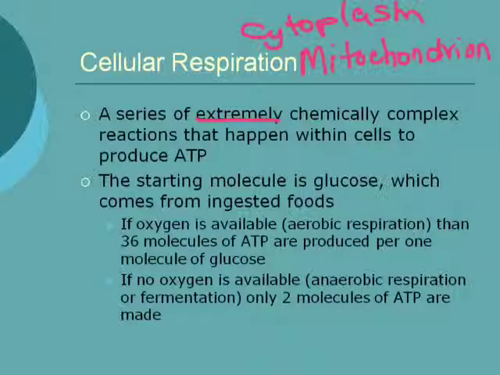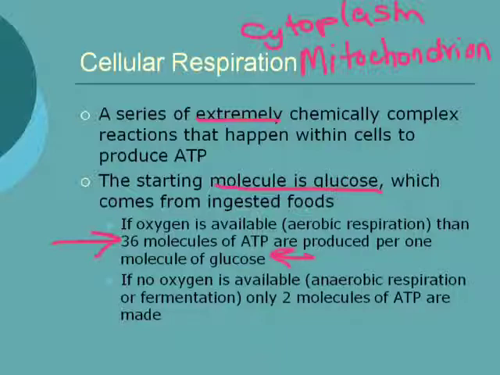The starting molecule is going to be glucose, which is what we eat, or if you're a plant and have chloroplasts, it is going to be the sugar molecule that is created whenever you convert that solar energy into chemical energy. If oxygen is available, then aerobic respiration is going to happen, and you're going to create 36 molecules of ATP for every 1 piece of glucose.